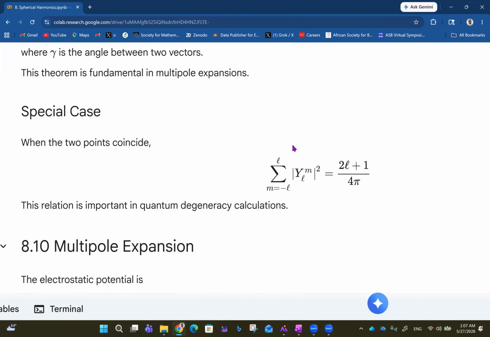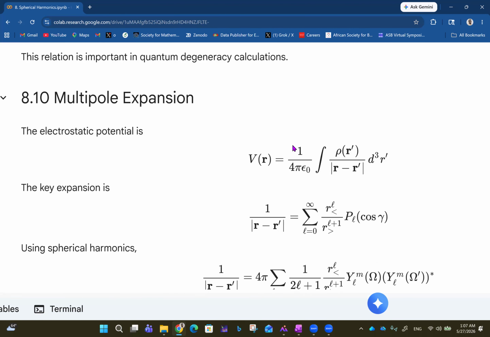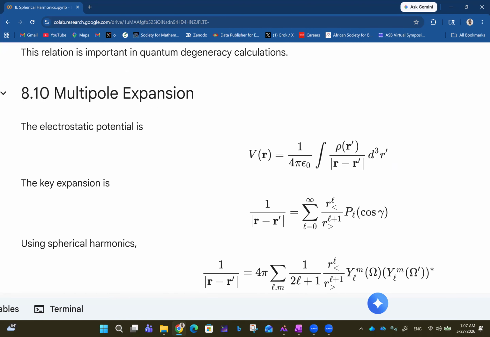So we then have the multipole expansion. The electrostatic potential is V of r equals 1 over 4 pi epsilon naught integral of rho of r prime over the absolute value of r minus r prime, d^3 r prime. The key expansion is 1 over the absolute value of r minus r prime equals the summation from L equals 0 to infinity of r less than to the L over r greater than to the L plus 1, P_L cos gamma.